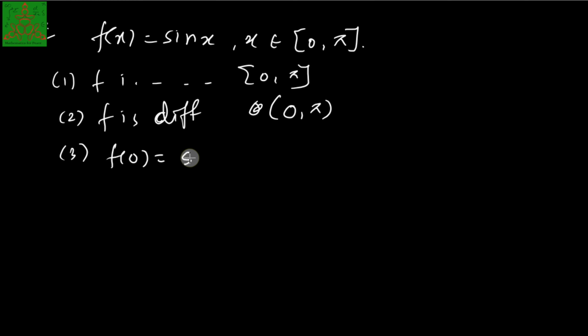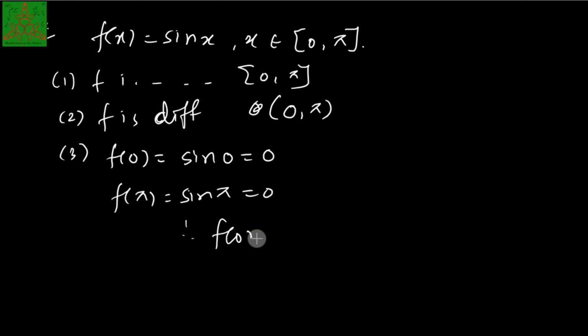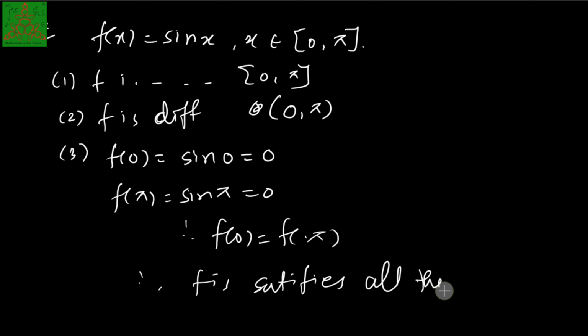It is sin 0, and we know that sin 0 is 0. f of pi is sin pi, and we know that sin pi is also 0. So therefore f of 0 is equal to f of pi. Hence f satisfies all the conditions of Rolle's theorem.